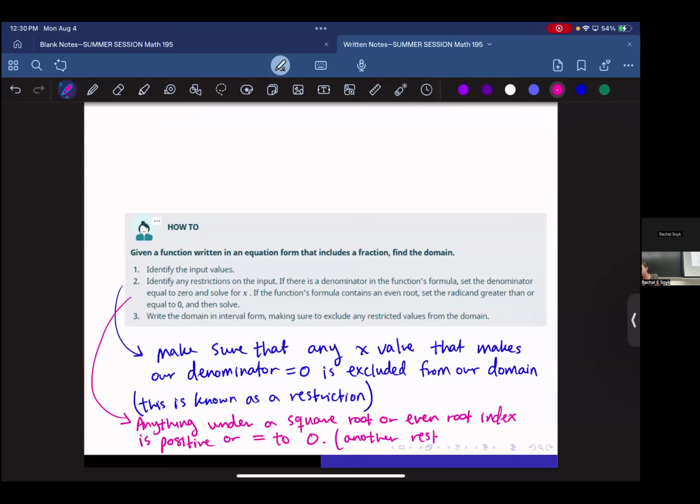Another restriction. So anytime we're finding domains, these are the two restrictions we look for. What makes the denominator undefined, and what values of x will make underneath that even root index negative.